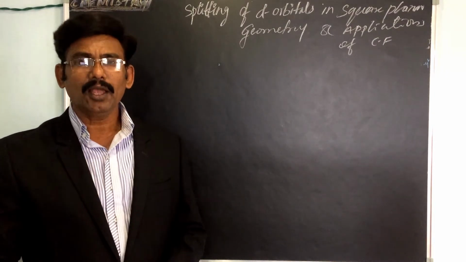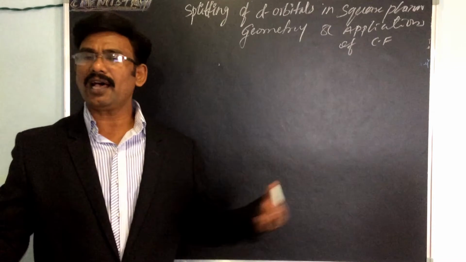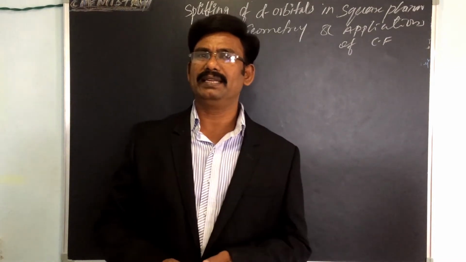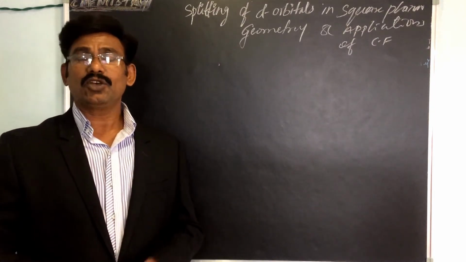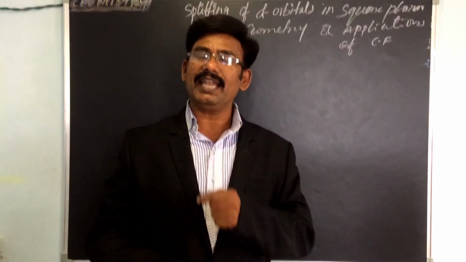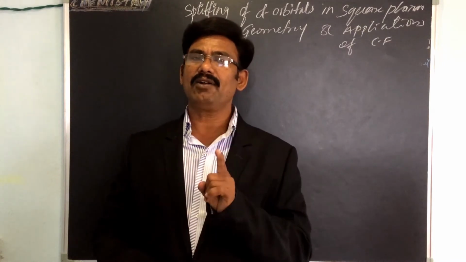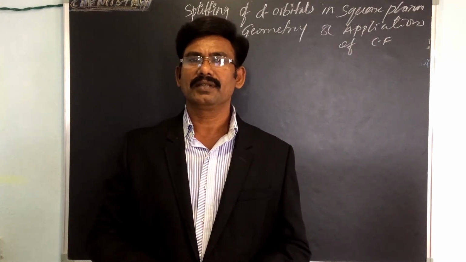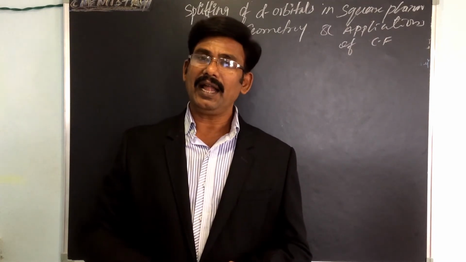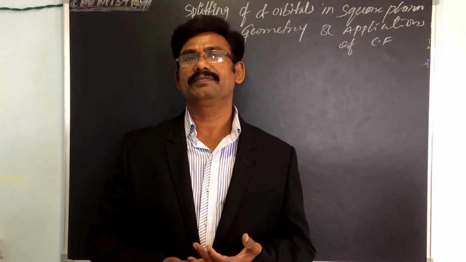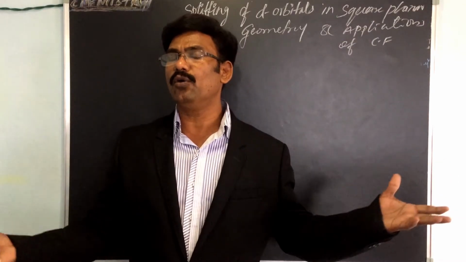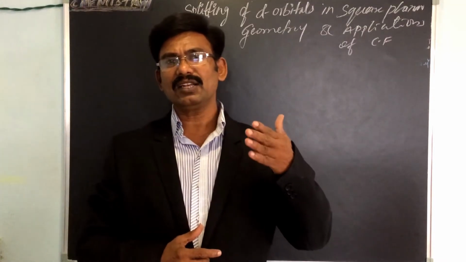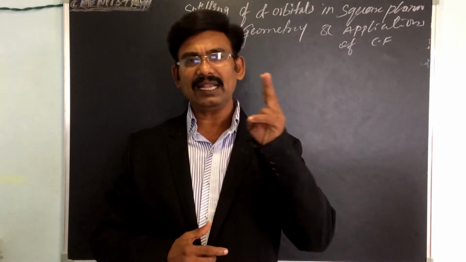Before going to that, in the last video, I explained the splitting of d orbitals in tetrahedral and octahedral complexes, and the postulates and common splitting. In that splitting, two sets are there, the eg set and the t2g set.